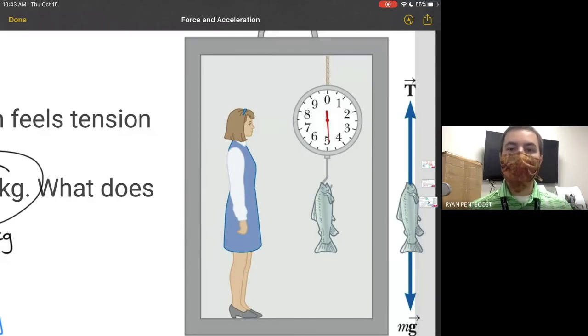Technically, the girl will be momentarily not really touching the ground of that elevator. It's a really complex situation when you look at it. Depending on the starting scenario, if it starts accelerating in free fall from rest, then that's a real big drop, and the girl might actually lift off the ground a little bit.